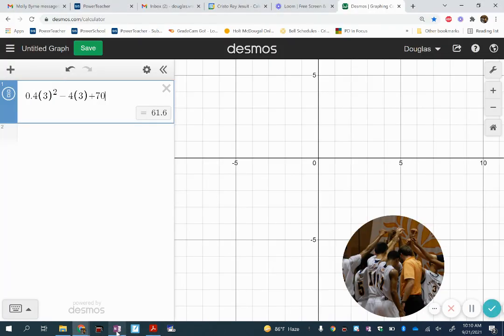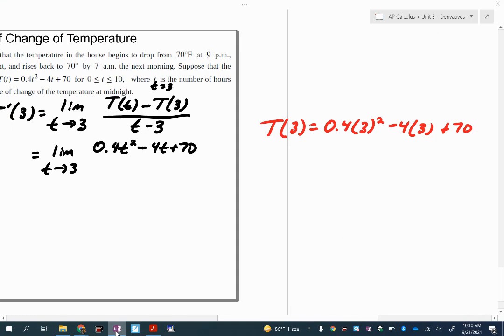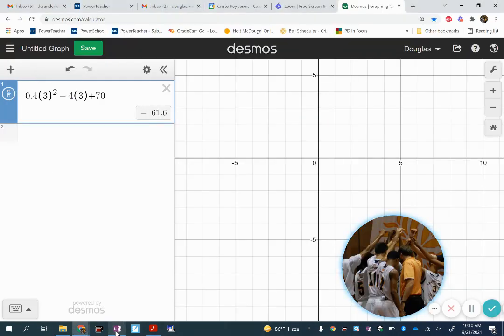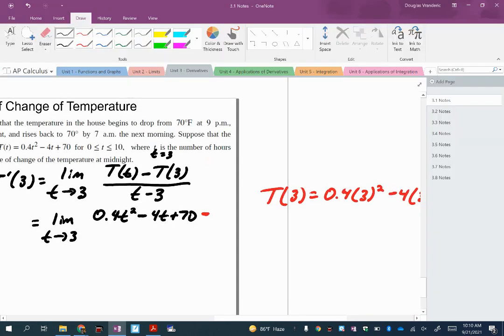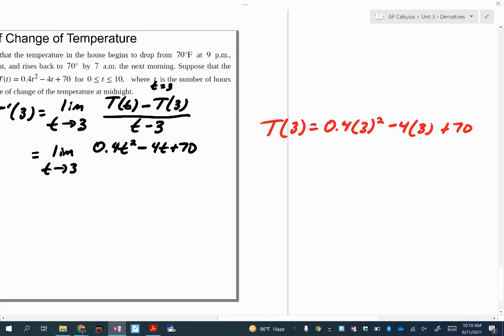Oops, sorry. Plus 70, which is 61.6. All right? So I'm subtracting 61.6 all over t minus 3.